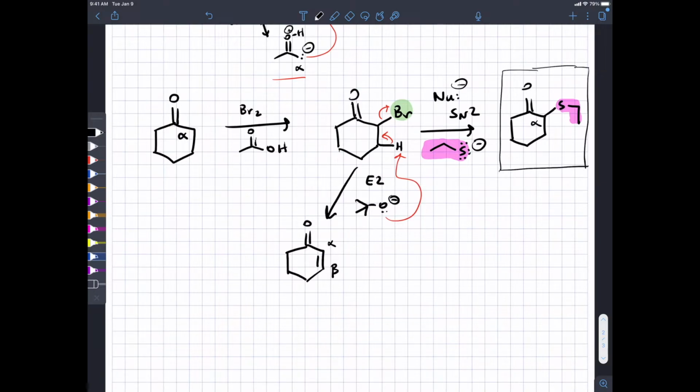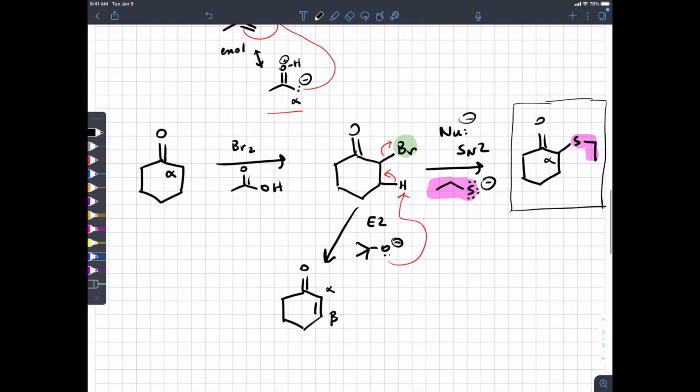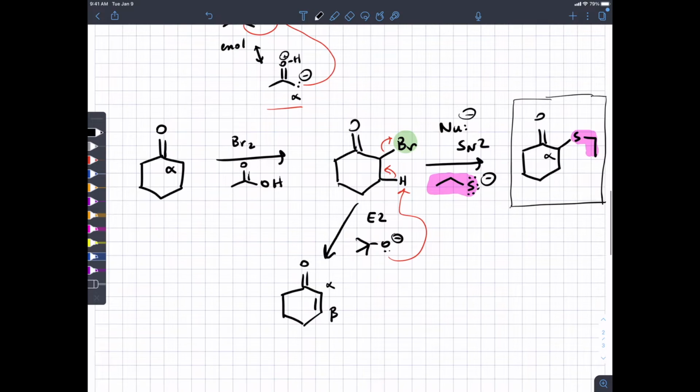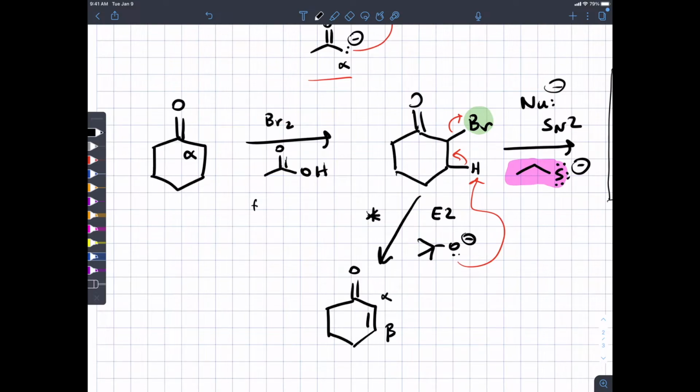Now, when you see that pattern, there should be some little lights flashing in your head reminding you of things you can do with alpha-beta unsaturated carbonyl compounds. We'll mention those in a minute. I will point out, though, that while I'm perfectly fine with you using tert-butoxide here, your text uses a specific set of conditions, and I'm going to write them down here.